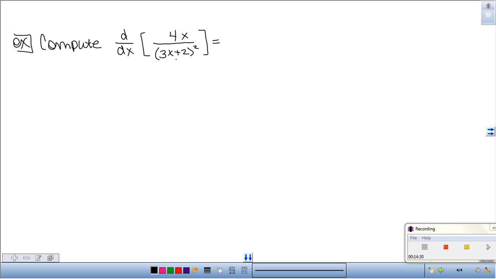Okay, so derivative of the top is 4 times the bottom, minus derivative of the bottom. Now be careful here. The derivative of the bottom is the chain rule, 2 times 3x plus 2 to the first power times the derivative of the inside.